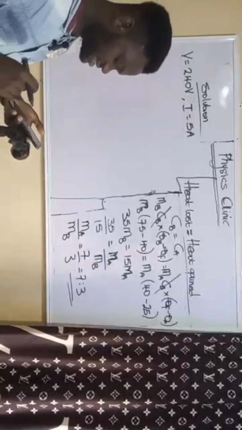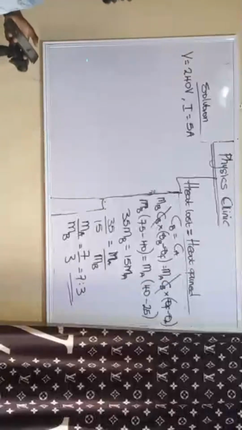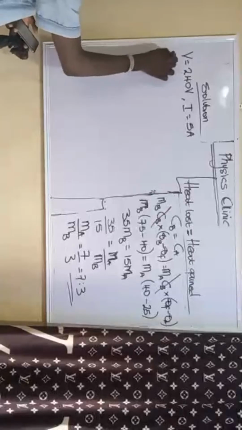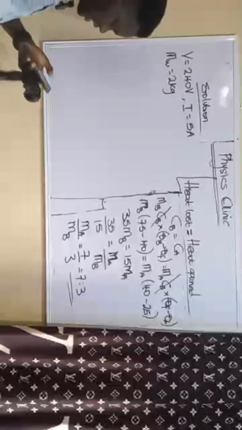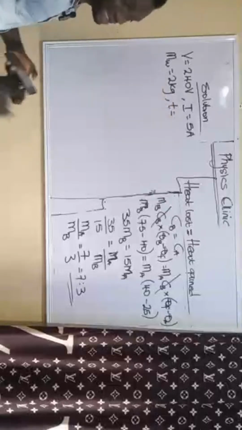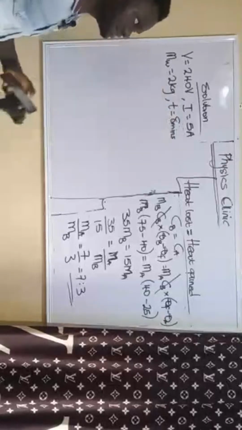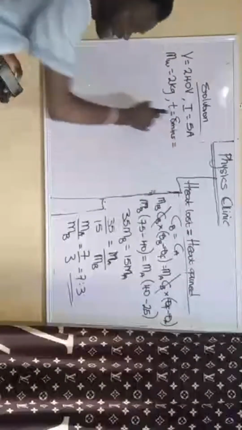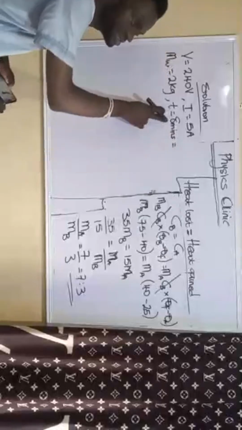It says this particular supply heats 2 kilograms of water. So the mass of water that was heated is 2 kilograms for 8 minutes. So the time that heating took place lasted for 8 minutes. Then you know that minutes is not the standard unit, so I'm going to multiply 8 by 60. 60 seconds make 1 minute, so this will be 8 times 60.